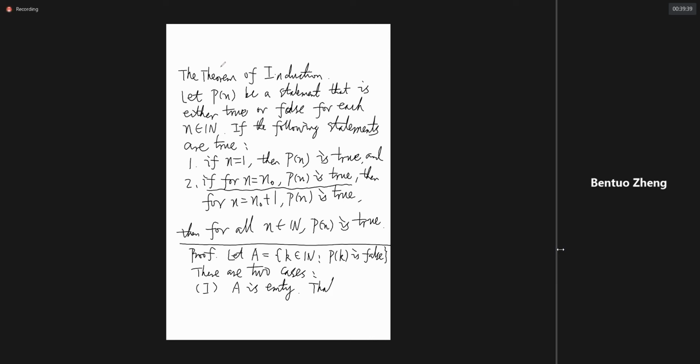That is, no k in N satisfies Pk is false. No natural number satisfies Pk is false, which means all natural numbers satisfy Pn is true.